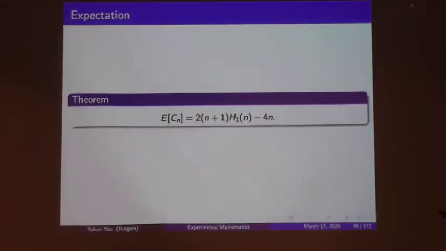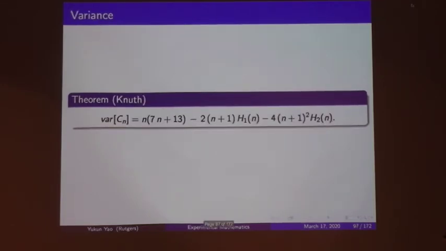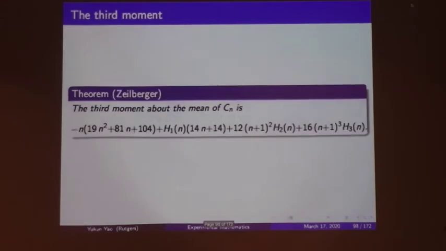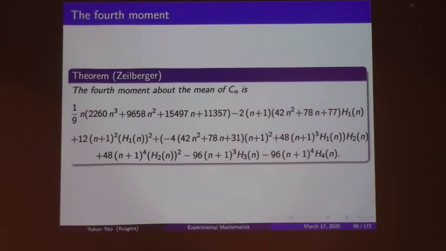So here are some formal known results: this is the variance, this is the third moment, and this one is the fourth moment.